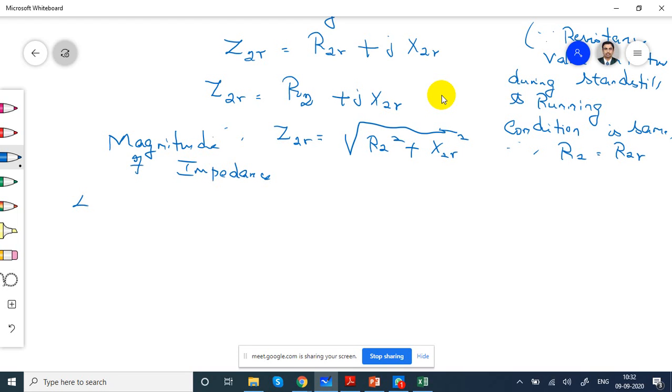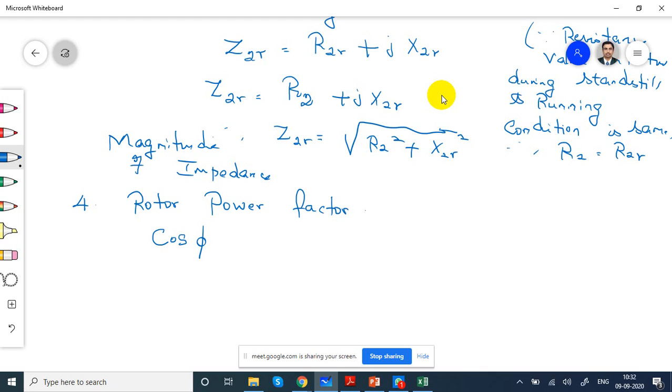Next, the fourth one, rotor power factor. We know the notation of power factor, which is cos phi.